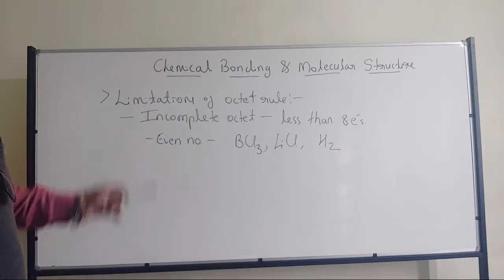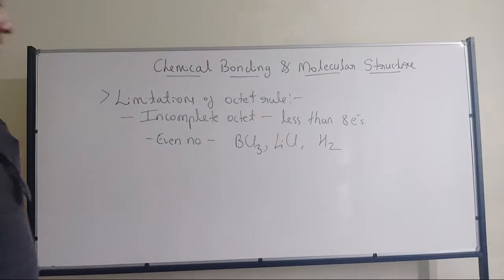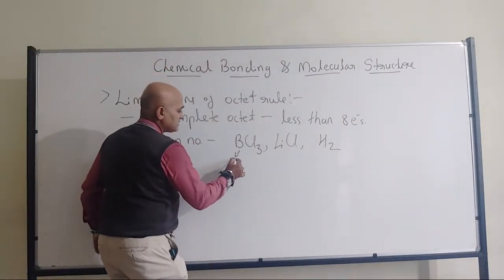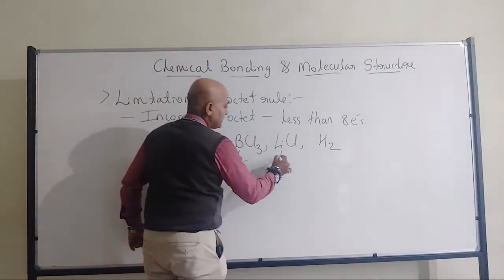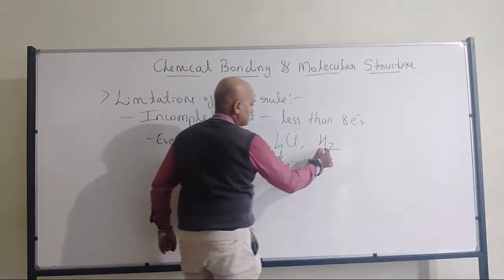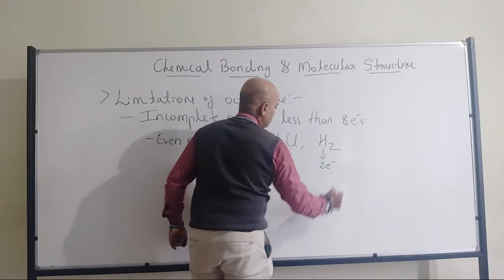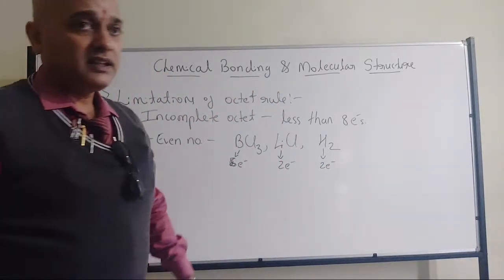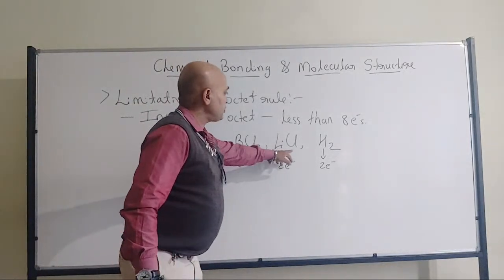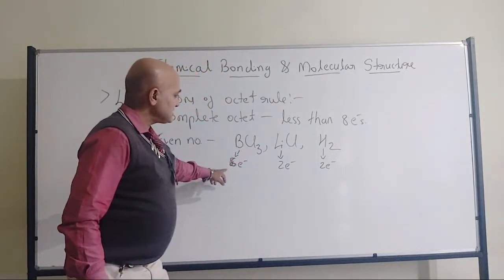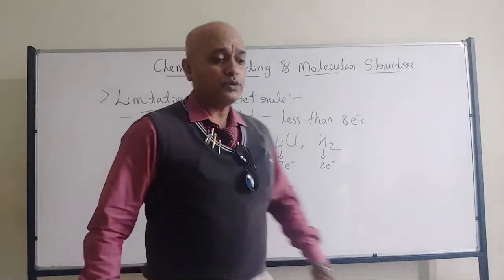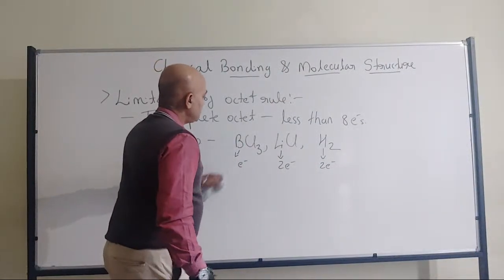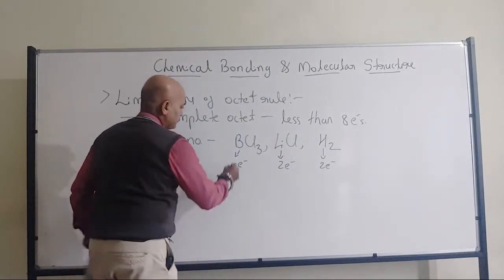Boron will have 6 electrons, lithium will have 2 electrons, and both the hydrogens will have 2 electrons. But chlorine will have 8 electrons, no doubt, but boron 6, lithium 2, and even hydrogen will be with 2 electrons, each hydrogen.